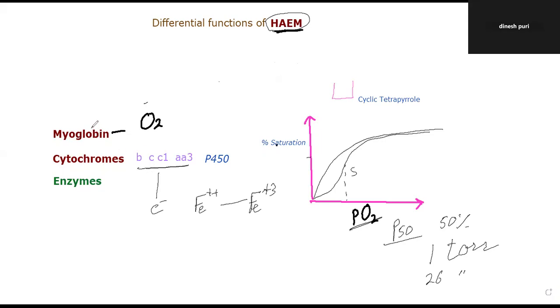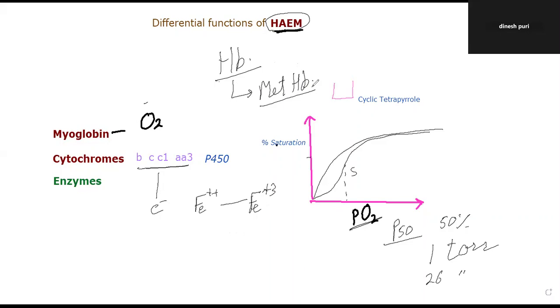But now an important question. Is this possible in hemoglobin? No, it is not. If you convert hemoglobin from ferrous to ferric, it will be converted to a dysfunctional form called methemoglobin, which does not have any oxygen binding properties.